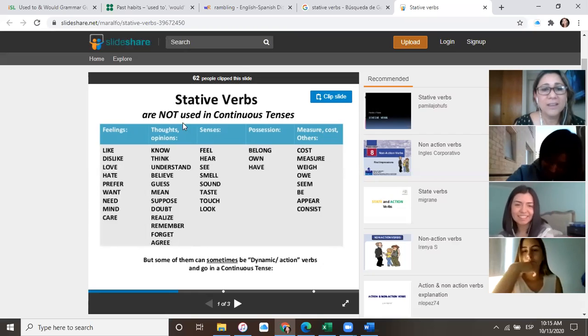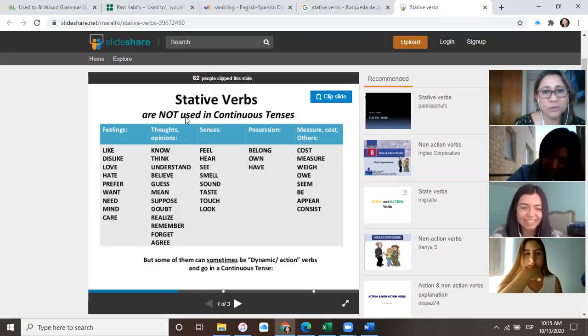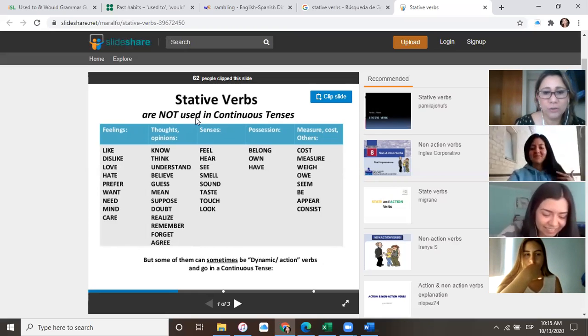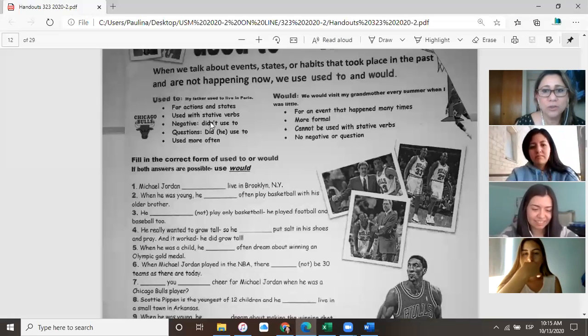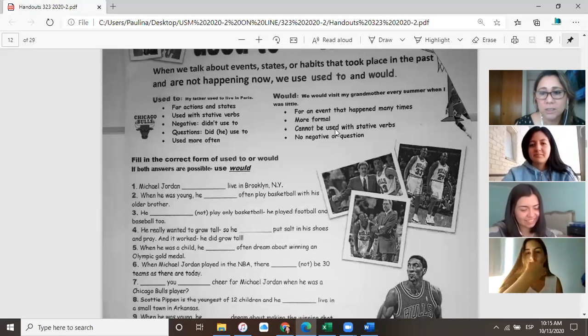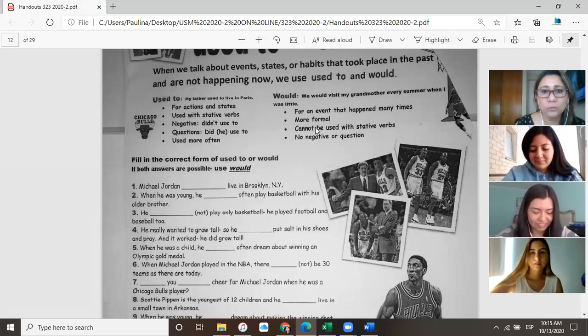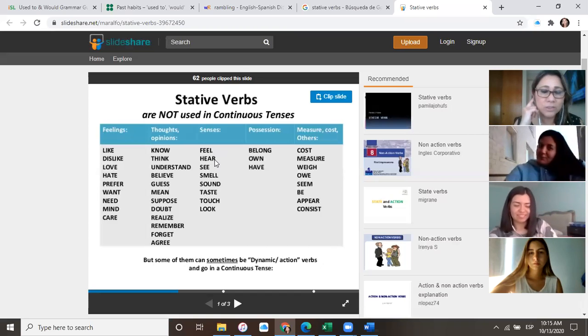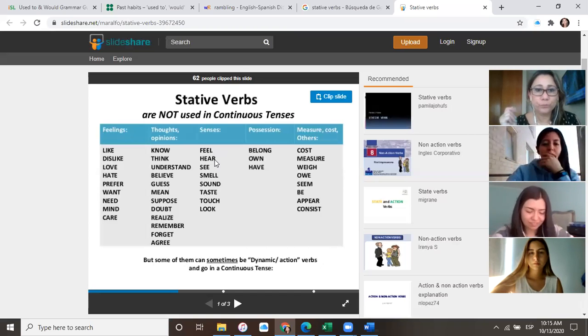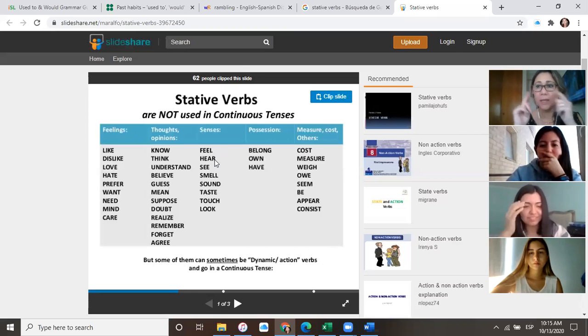They are normally not used with -ing, and as we said before, you use them only with "used to," not with "would." This is key, okay? Not with "would." In the senses, we have feel, hear, see, smell, sound, taste, touch, and look.